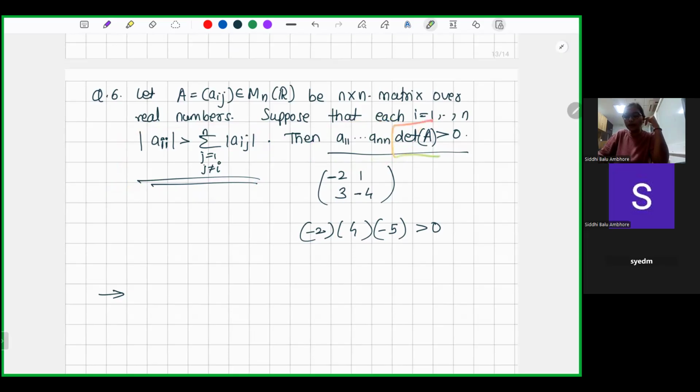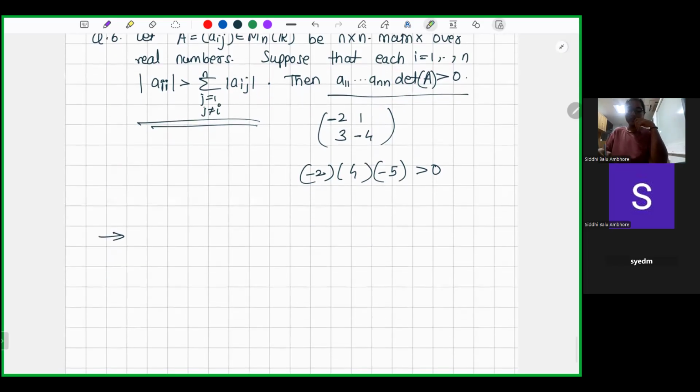So now we have to check whether this determinant of A is non-zero or not. Then we will talk about it being positive. First, our aim is to check that this number here remains non-zero. Then we will look at whether it's positive or negative.